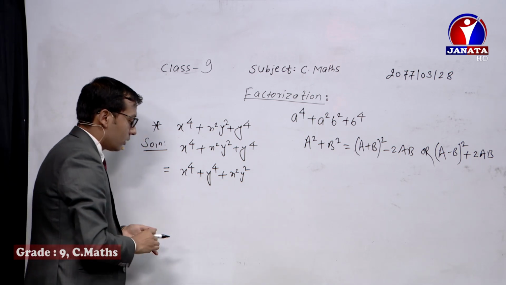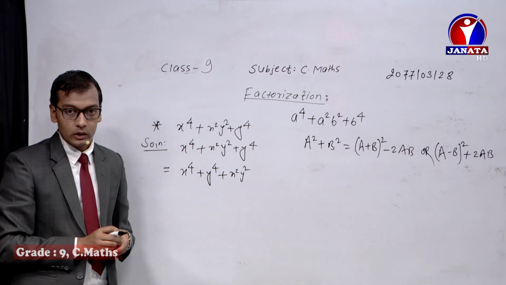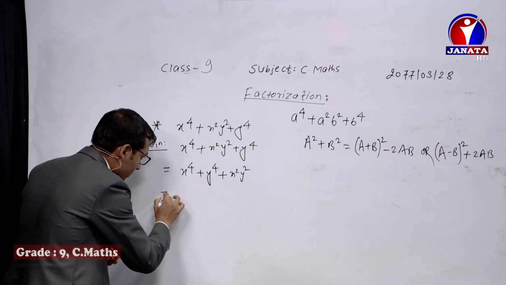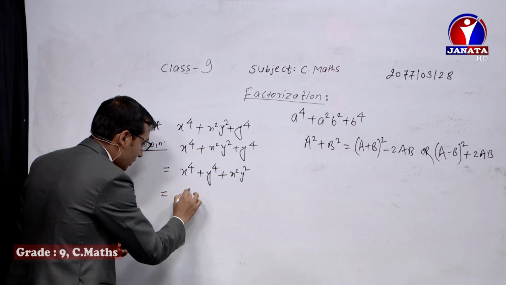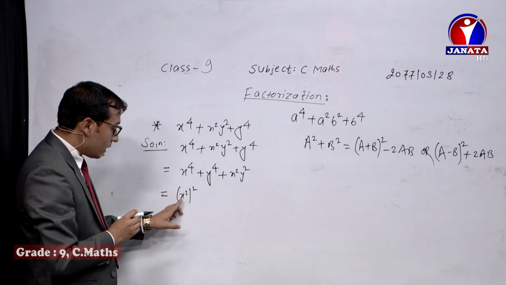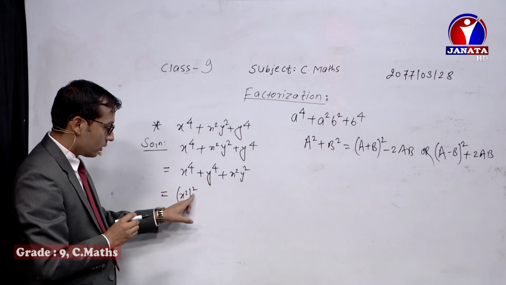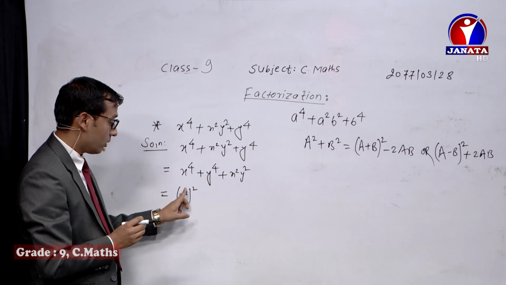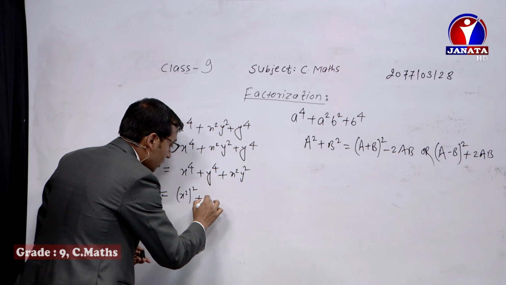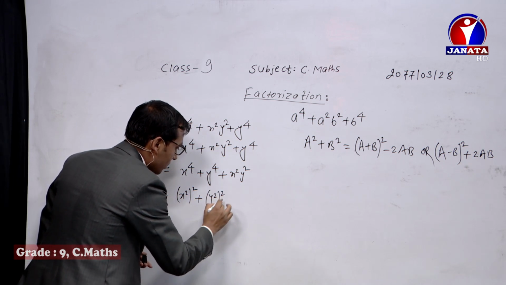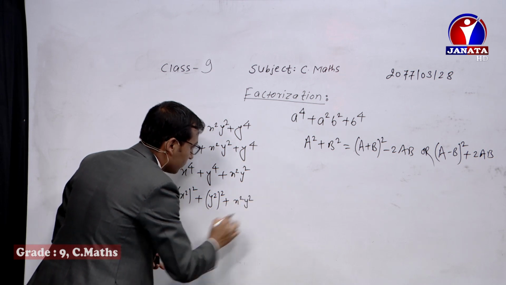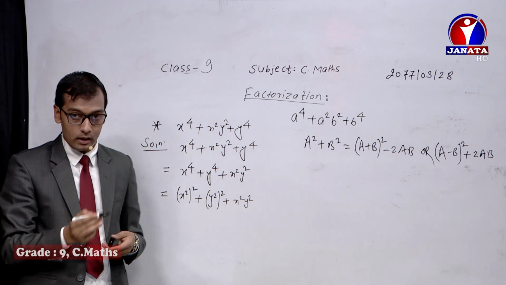So let's look at the first and second term of this expression. Can we rewrite x to the power 4 like x square whole square? Yes, obviously we can write it. Because x square whole square is x to the power 2 times 2, which is 4, plus y square whole square, again gives y to the power 4, plus I am writing the last term as it is.